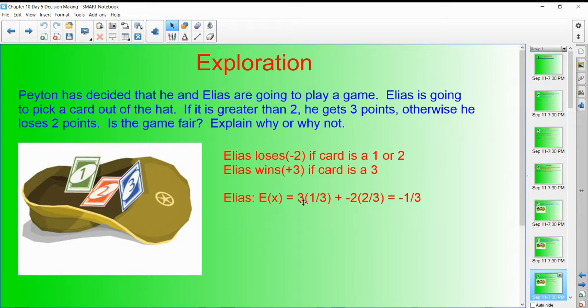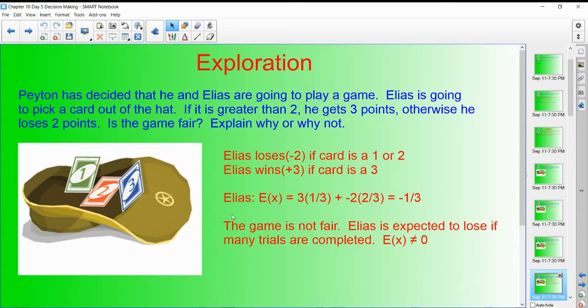So the probability of winning 3 points is 1/3. The probability of losing 2, -2, is 2/3. When I find the expected value, Elias's expected value is negative, which means if he plays this game a lot of times, he should expect to lose. Meaning it's not a fair game.